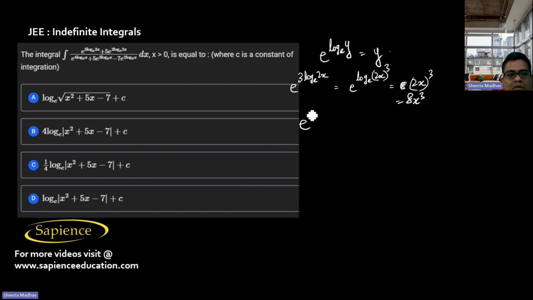Similarly, e power 2 log base e 2x is e power log base e 2x whole square, that is equal to 4x square.